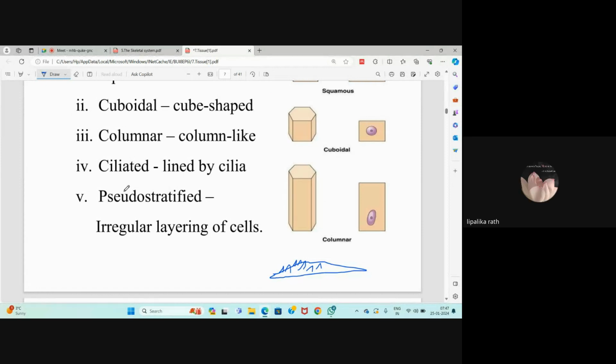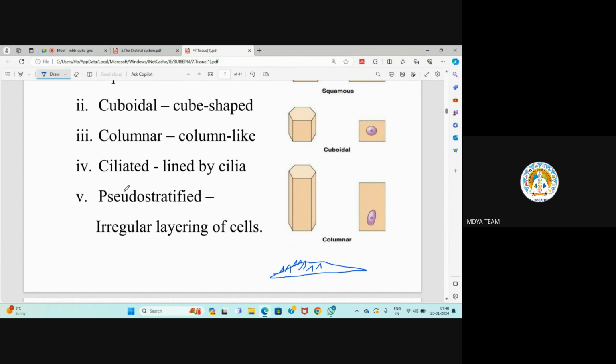Stratified has compound layers of the basement, more than one layer. Yes, very good. So stratified means having more than one layer. So pseudostratified: pseudo means false and stratified means it will have layers.